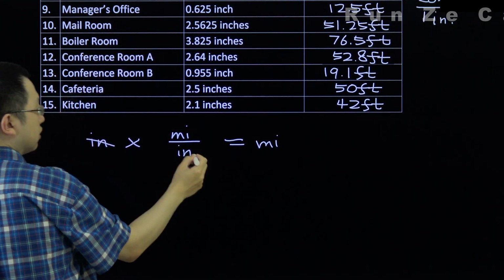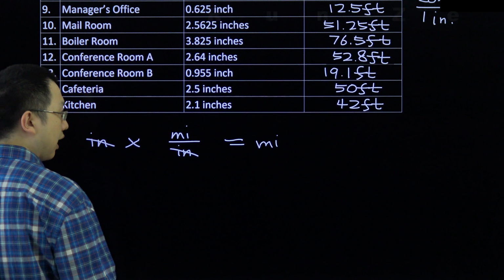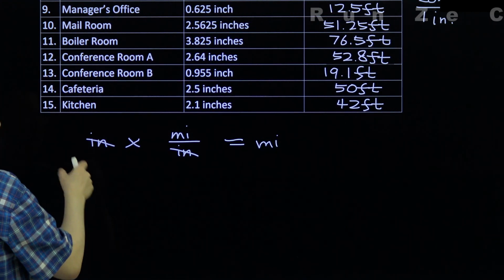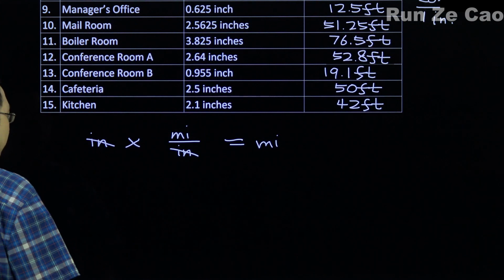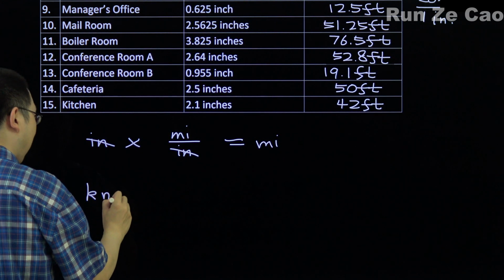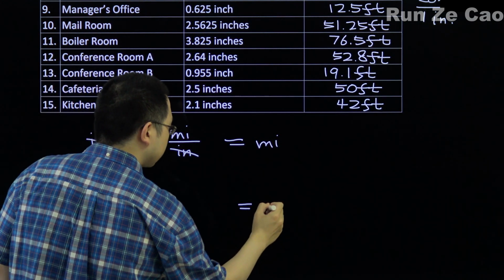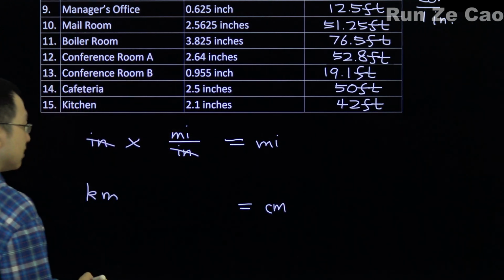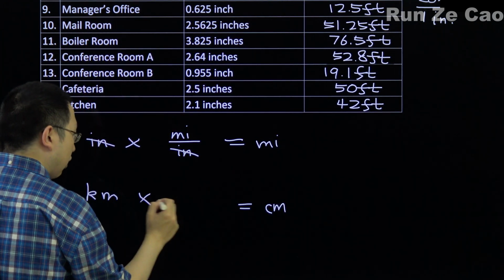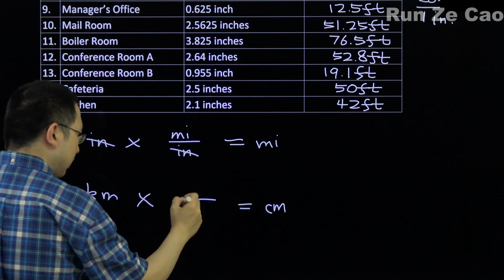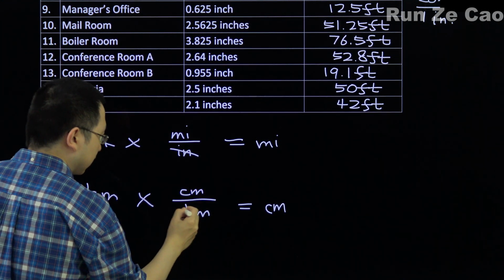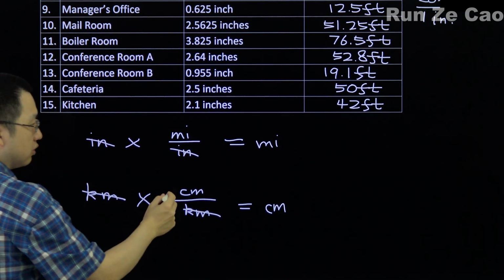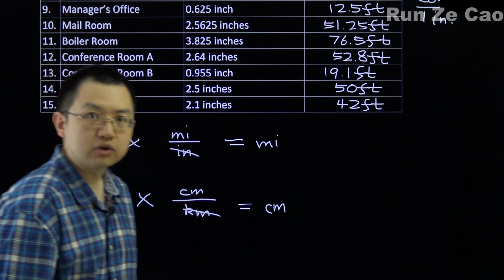That's because you want your inches to cancel: on the map it's this many inches, in real life it's this many miles. If you want to go from, say, kilometers in real life to centimeters on a map, then you want your scale to be centimeters per kilometer, so that the kilometers can cancel and you end up with centimeters for your unit.